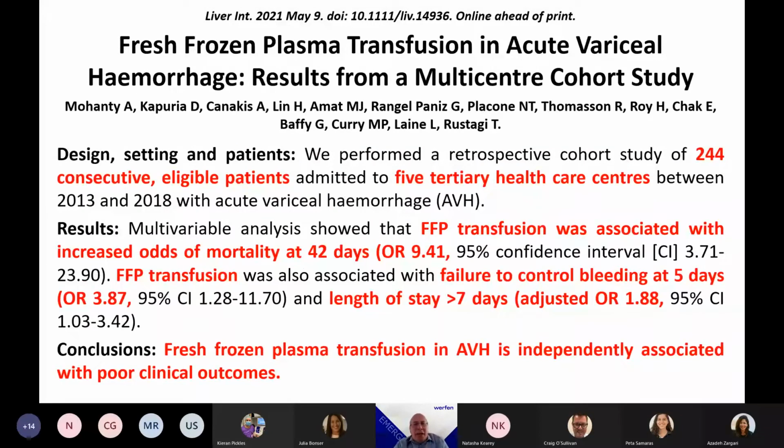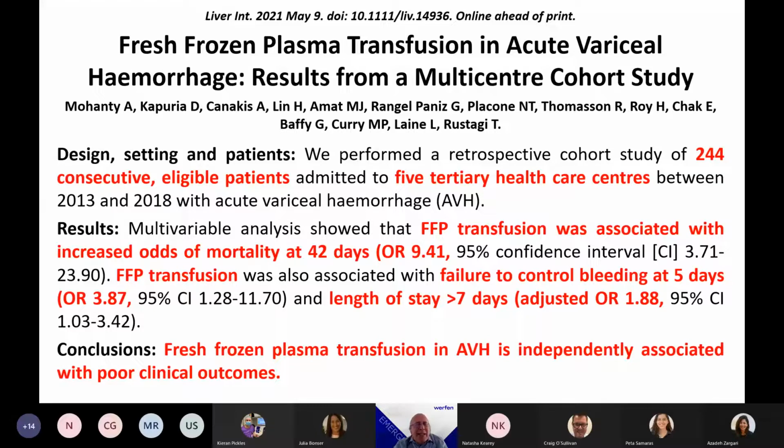Here we are in the study looking at fresh frozen plasma transfusion, and it's also just a study that is less than 1 year old, where they were looking in a multi-center cohort study on the effect of fresh frozen plasma transfusion and 40-day mortality. And the odds ratio for mortality was 9.4.